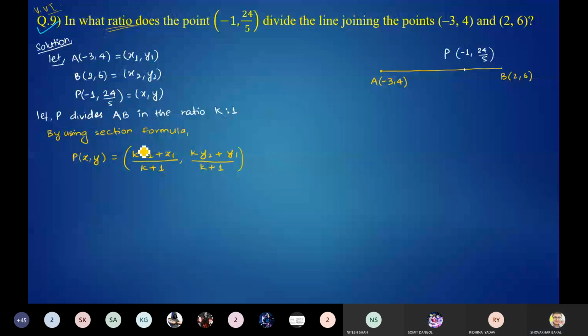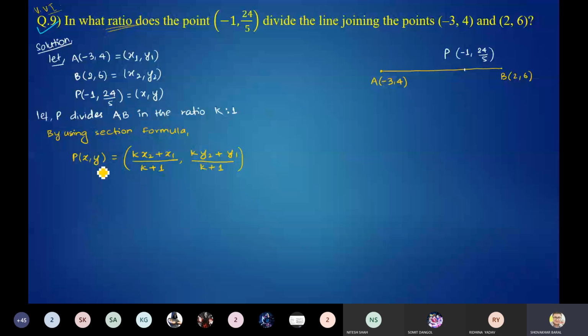Sorry, this is m1 and this is m2, so in place of m1 there is k and in place of m2 there is 1. Though it's not exactly replacing the value here, as I told you in earlier classes, the reduced formula is in this form. For your easiness you can remember it that way, where you have replaced m1 by k and m2 by 1, though that's not the exact case.